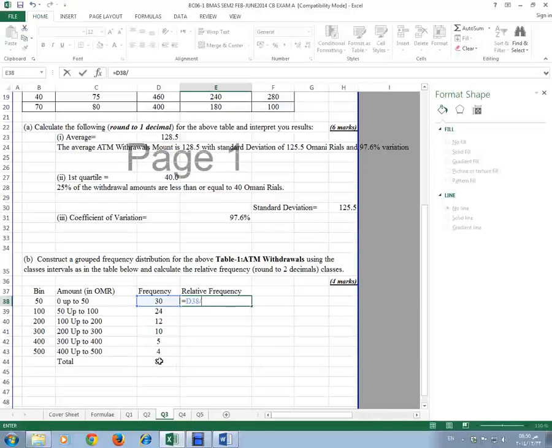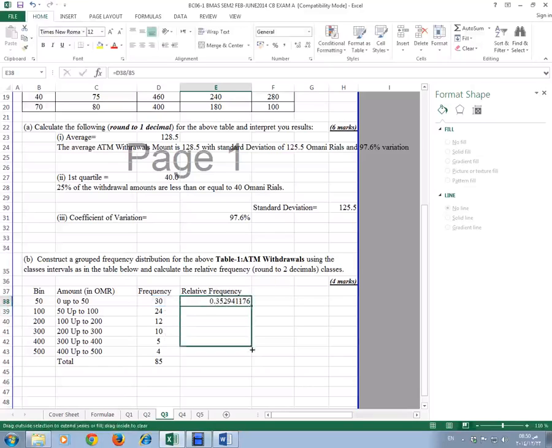Either we click it and then press F4, or you write the value as it is, the total 85. For simplicity in answering this question, it is better you write 85. 85 is a constant number, so it is not going to change, but these are changing, and press enter. Now it will give you the relative frequency.